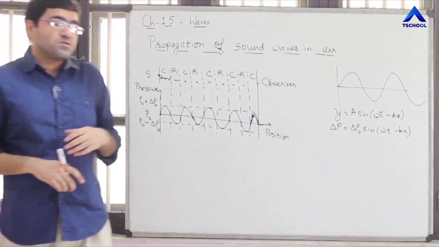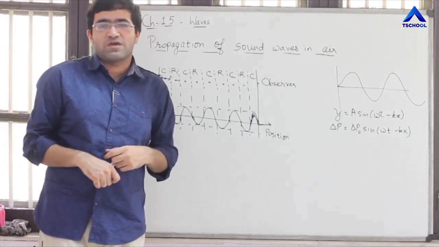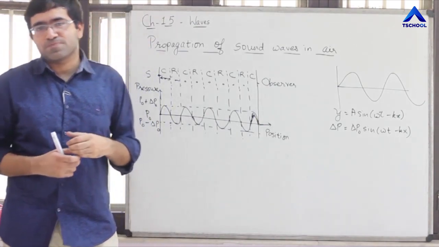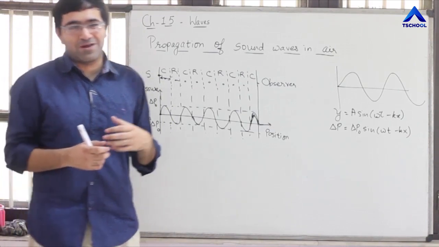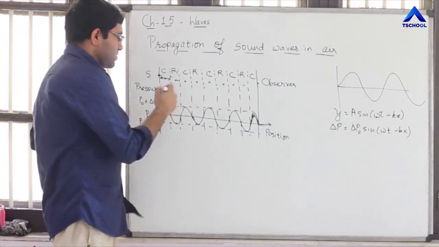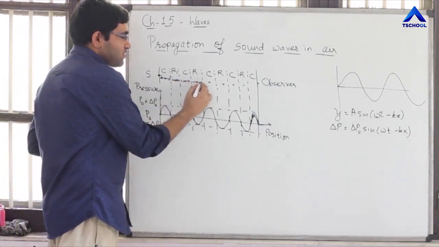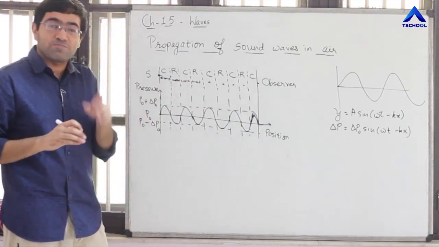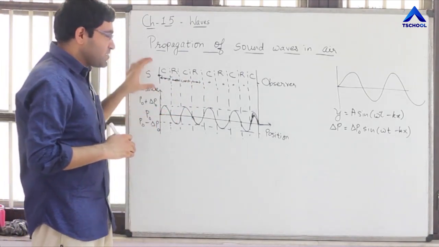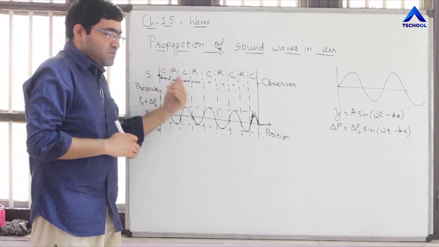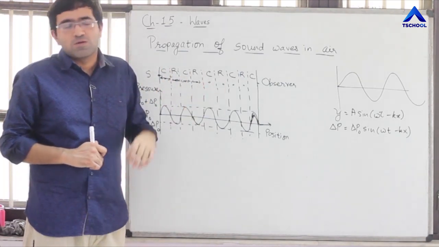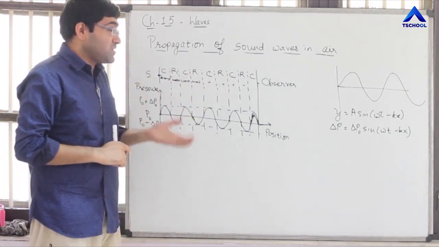Now interestingly, a sound wave can be understood in both ways. That is, either as a displacement wave where we talk about the particles going back and forth, or as a pressure wave where the pressure in one zone is higher and in the other it's lower, and so on. So which one is more useful for us?